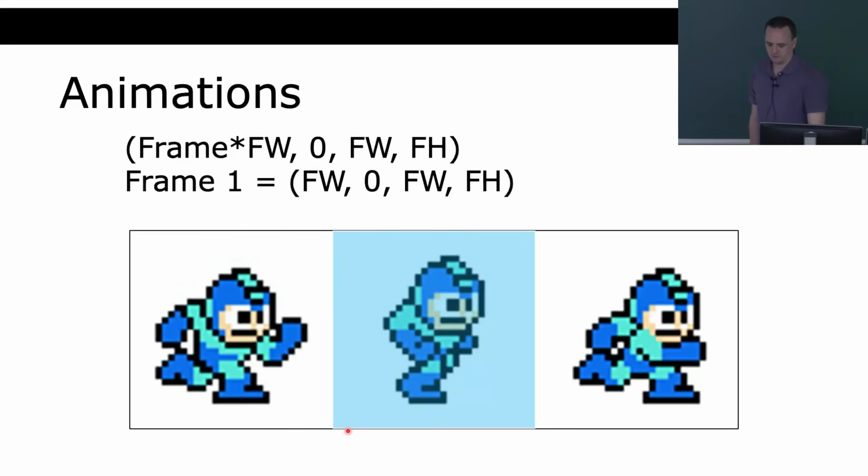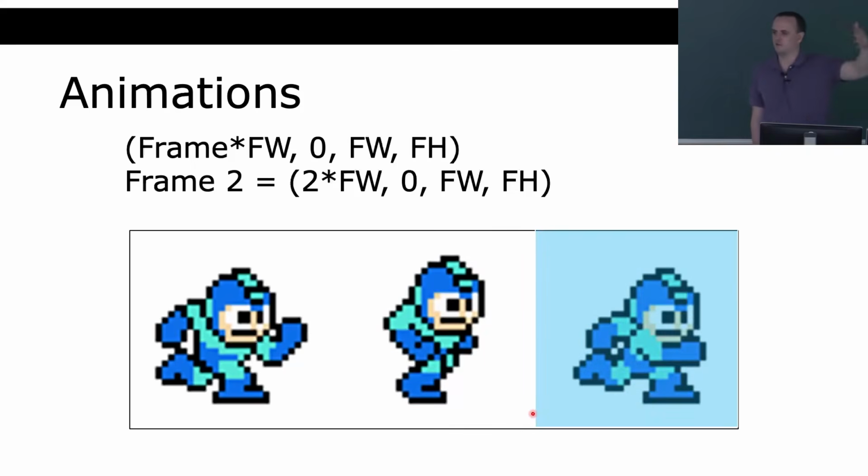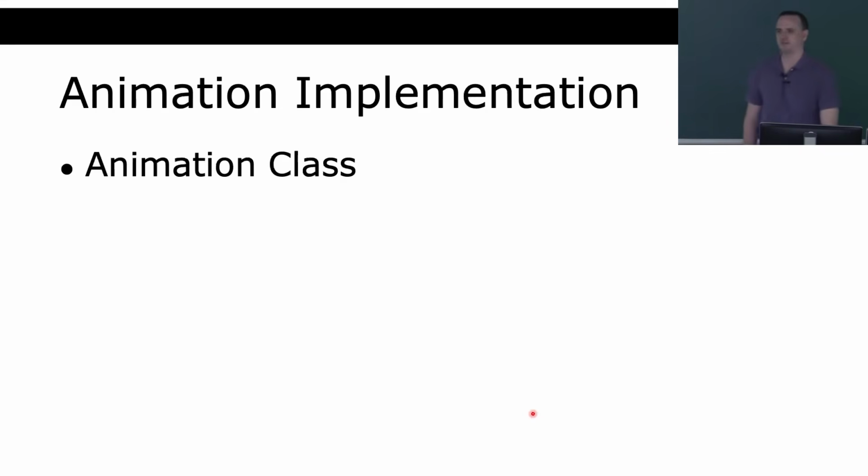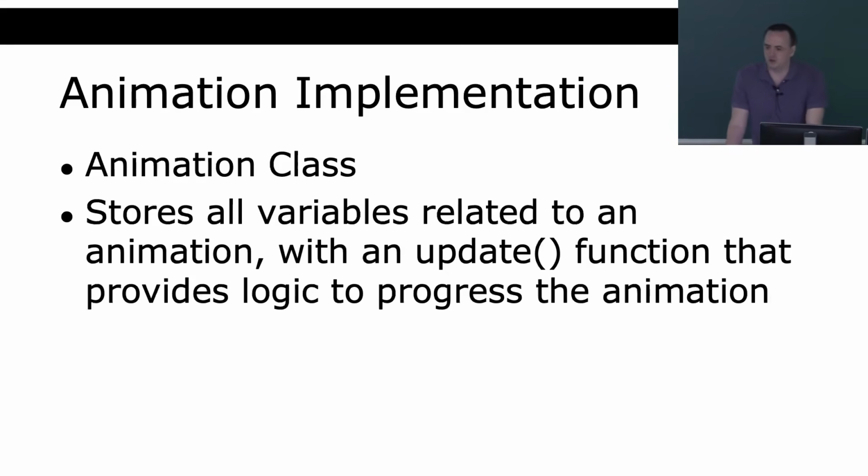Frame number 1 is 1 times frame width, so it starts here and goes down to here. Frame 2, frame 3, 4, 5, etc. So that's pretty intuitive. In order to implement this, we have a class for that, right? That should be sort of the slogan of this course. It's going to store all the variables related to the animation.